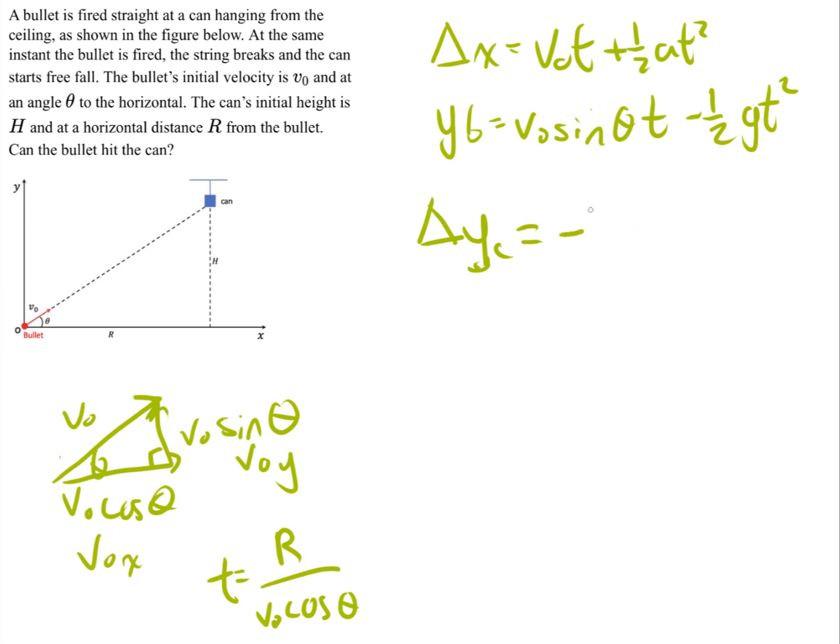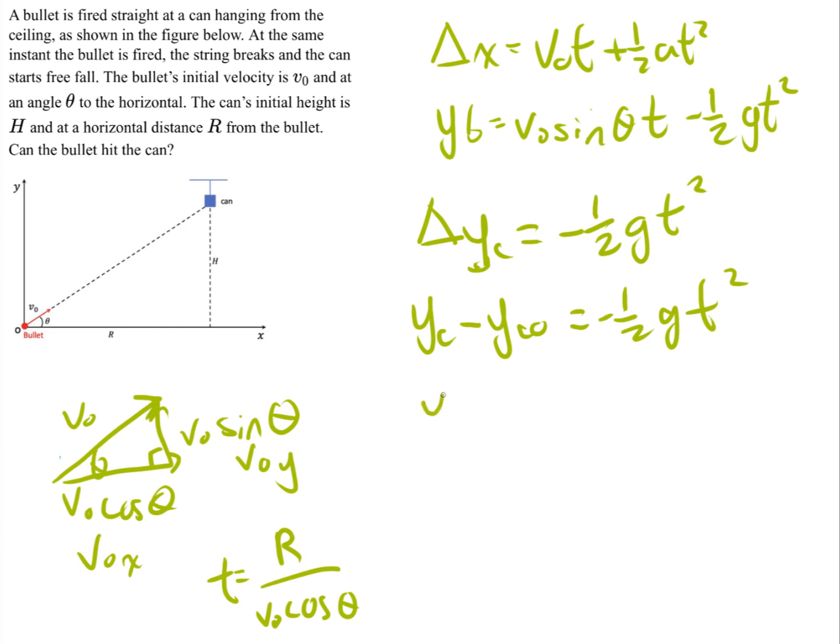And as for the acceleration, it's minus 1/2 gt squared, which is the acceleration due to gravity in the y direction. So again, we can say that the current y position of the can minus the initial y position of the can is equal to minus 1/2 gt squared.